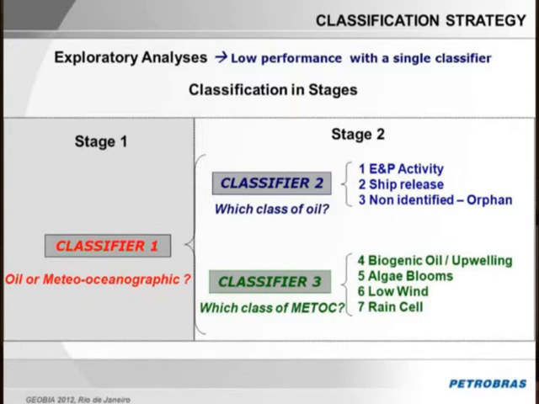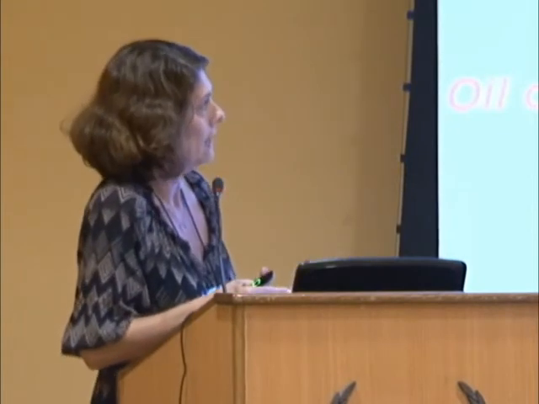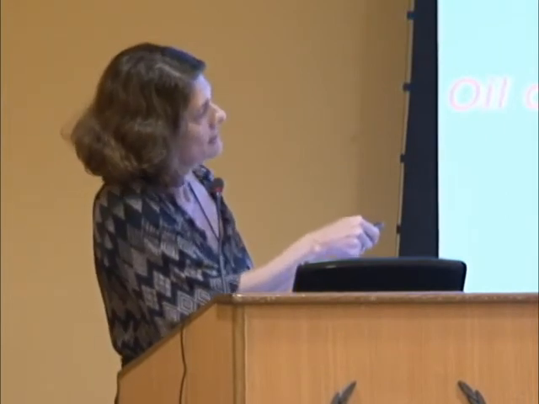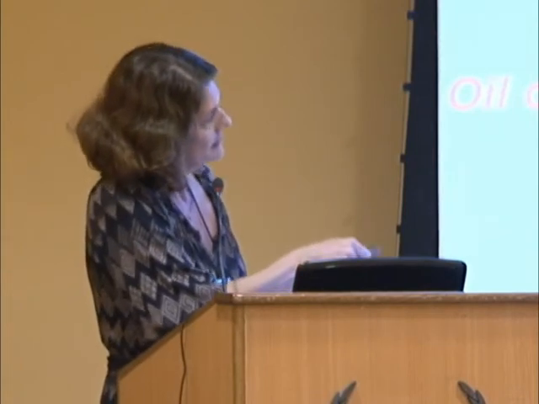Most of the algorithms that I saw in the literature only do this differentiation: oil spills or lookalikes. So then we found that we can go further to a second stage, trying to differentiate among these 3 types of oil spills and among these 4 types of meteo-oceanographic events. So we will need 3 classifiers.